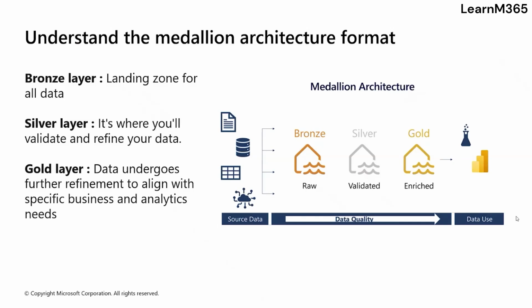All right. So the silver layer can be thought of as a central repository across an organization or team where data is stored in a consistent format and it can be accessed by multiple teams.